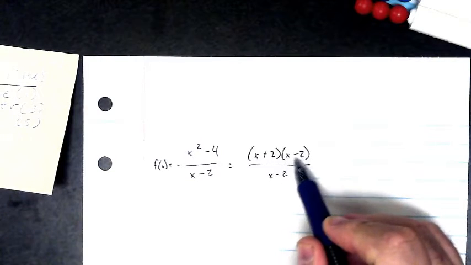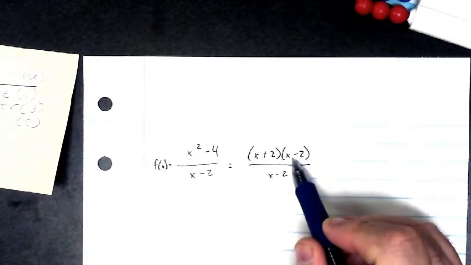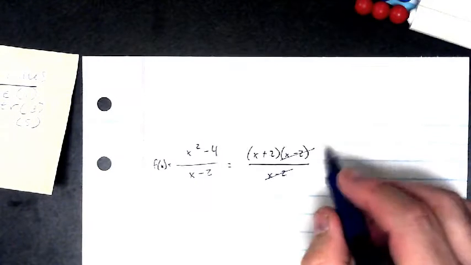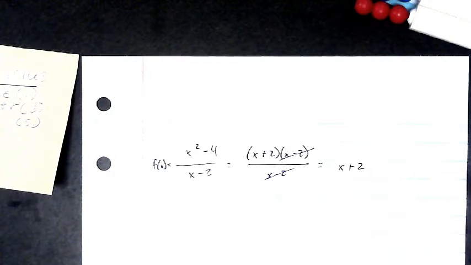And I know that this x minus 2 and this x minus 2, because any quantity divided by itself becomes 1, will cancel out, and my function will actually reduce to be just x plus 2.